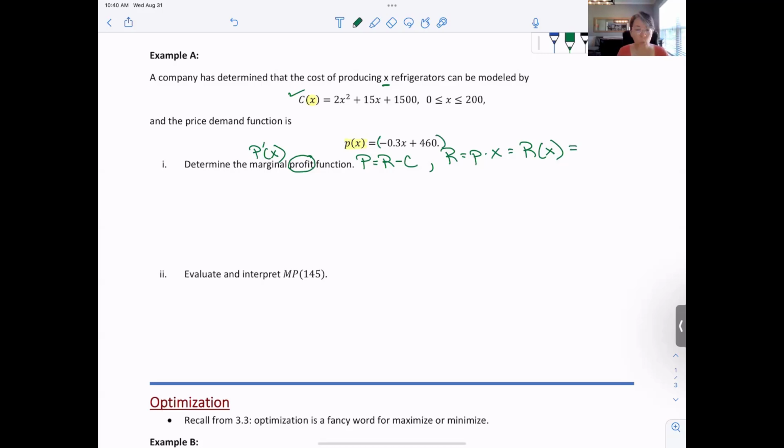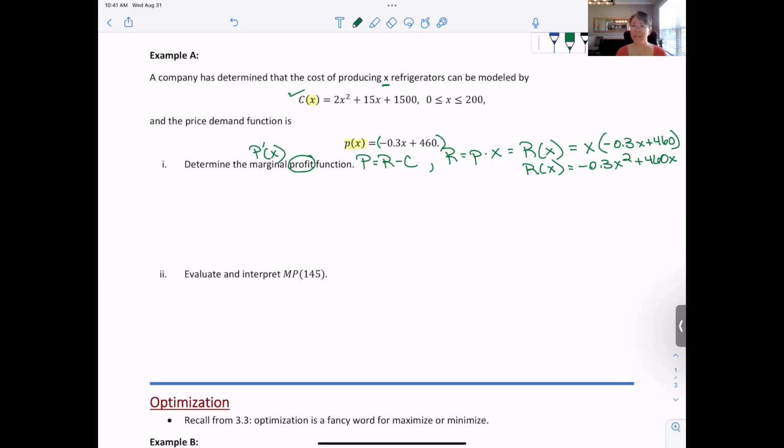So in order for us to find that revenue function, we're going to take X, that's the quantity, times our price. But our price is the same thing as negative 0.3x plus 460. So we get a revenue function of negative 0.3x squared plus 460x.